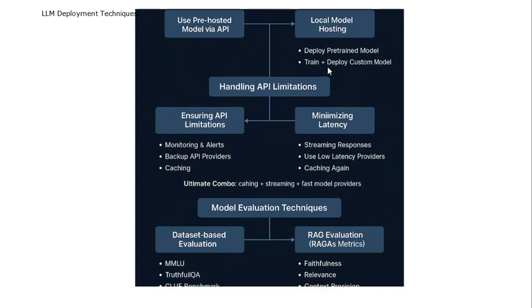Or you can train your model and deploy it on your local host and use it. Along with a trained and deployed custom model, you can also use RAG and provide the responses to your client. So these are the different LLM deployment techniques.